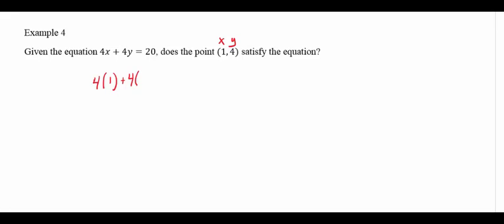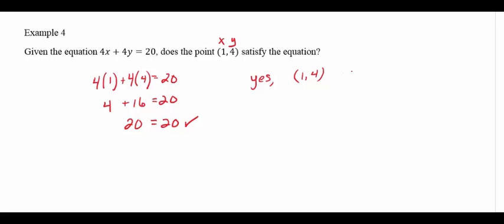And then here is 4 times y, which is 4 times 4. And does that equal 20? So we would do the multiplication and get 4, 16. 4 plus 16 is 20, so 20 equals 20. That checks out. I would say at this point, yes, 1 comma 4 satisfies the equation.